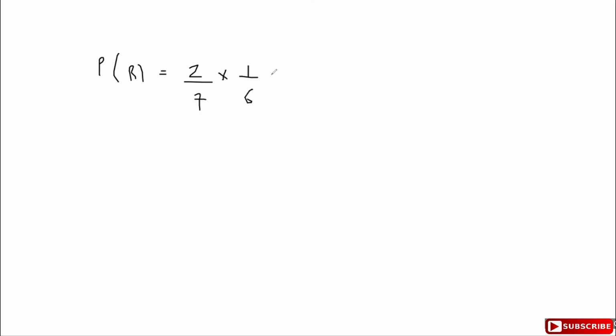Plus, what else now? We said you can get either a yellow and then a red. If you get a yellow, then a red, we said it is 4/7 times, to get the red now, 1/6. Nice. And then we said plus, you can get a red, then a black.